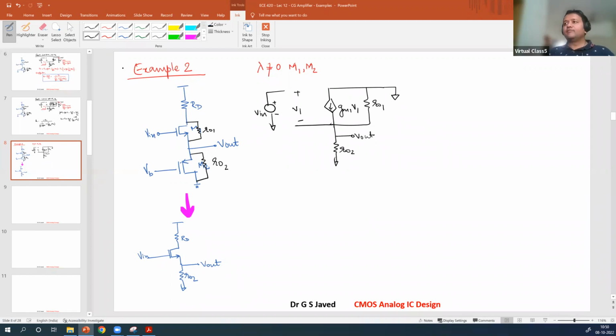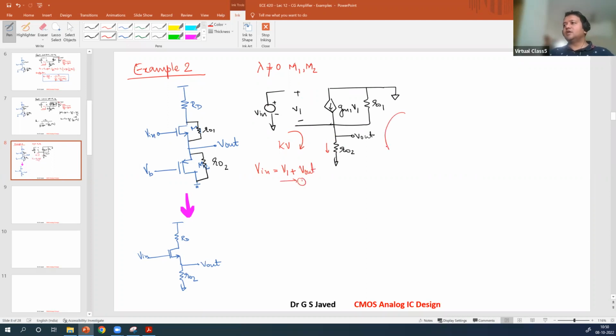Clear? Now that you have developed this, first thing is apply KCL or you apply KVL. Easiest is KVL. By KVL here, this value is the sum of this value to the source. Vin is equal to V1 plus current through this, I0 R0, or this value is Vout itself. That is one equation.